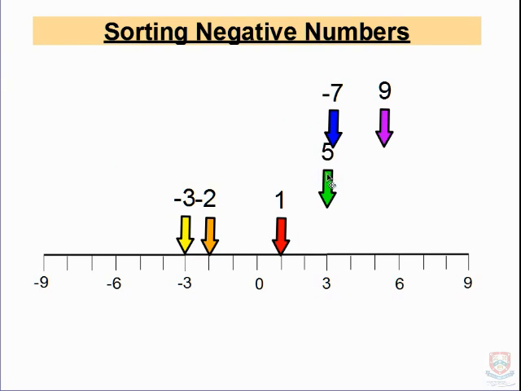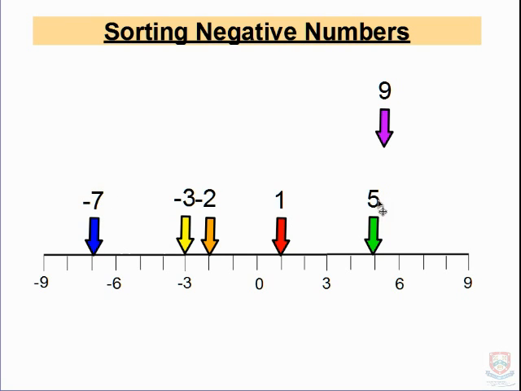5 has no negative symbol, so therefore it goes 1, 2, 3, 4, 5 numbers bigger than 0. Negative 7 must go further away than negative 3, which proves it's even smaller. Even though 7 would logically be bigger than 3, it's just bigger in the distance away from 0.